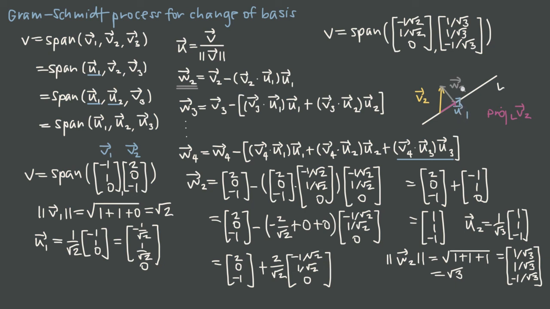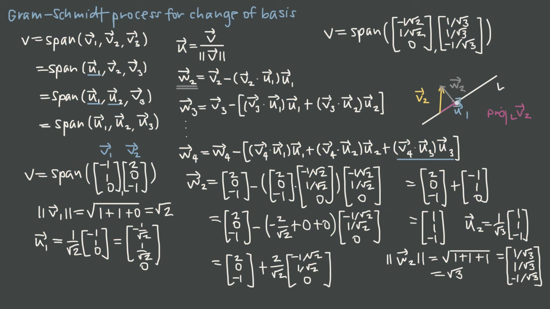So if we use w2 instead of v2, we're not actually changing the subspace v at all. We're not actually changing its definition. We're just picking a different vector instead of v2, so that we can start building out an orthonormal set, and w2 is orthogonal to u1. So that's why we find w2 using this formula here, and then we normalize it, and then we have u1 and u2, and we can keep going from there.